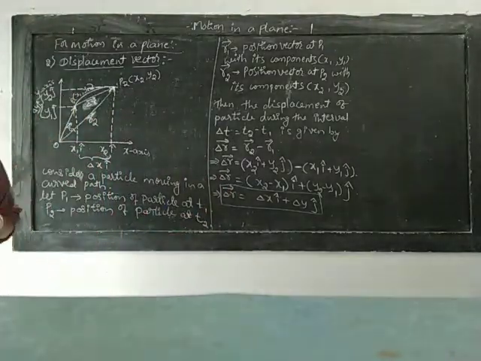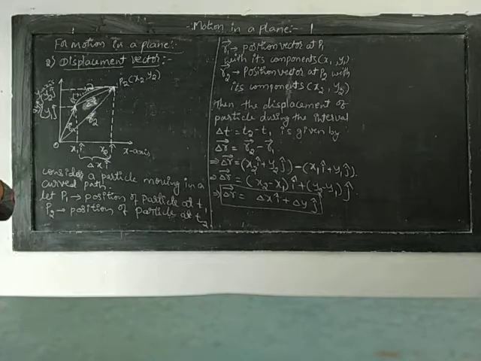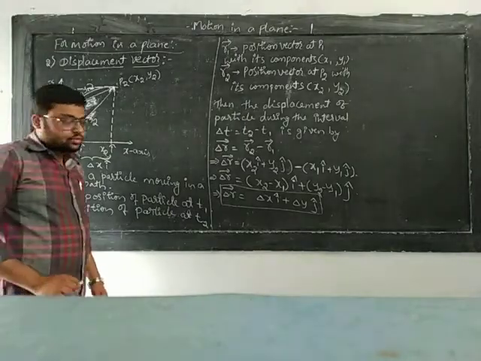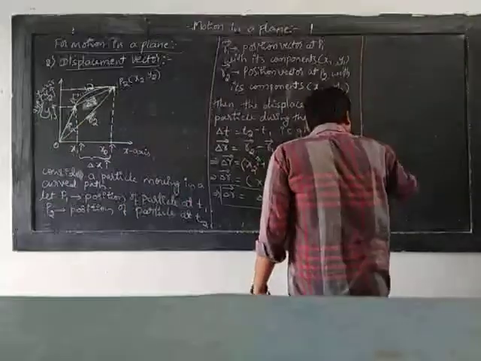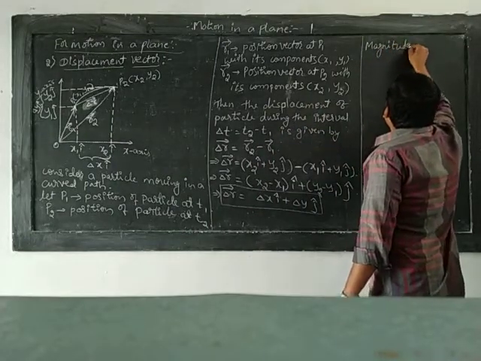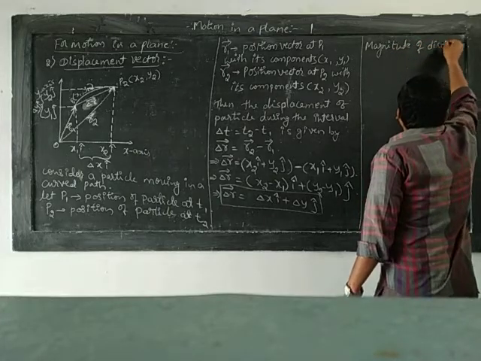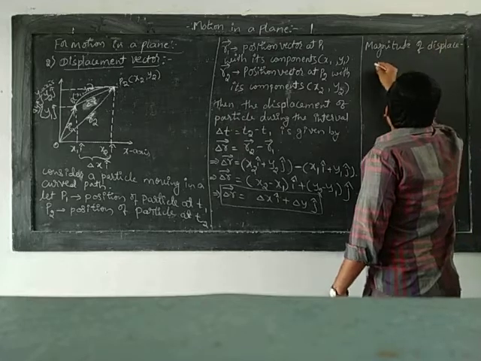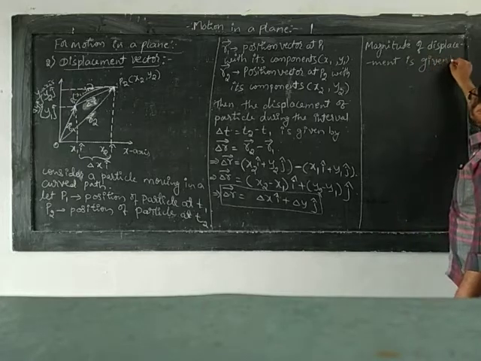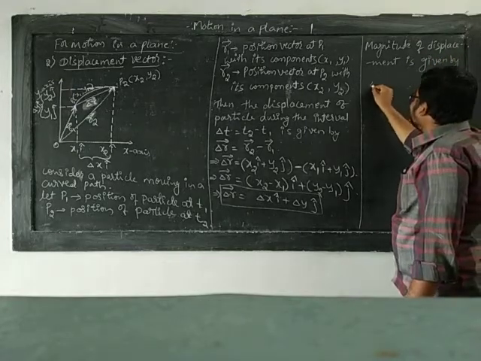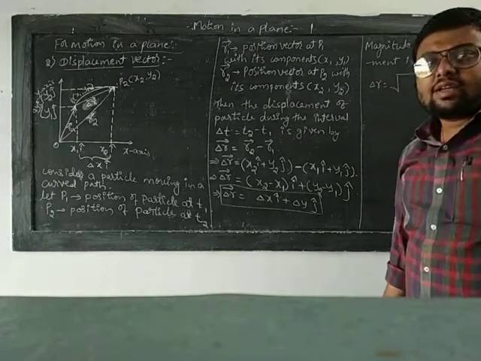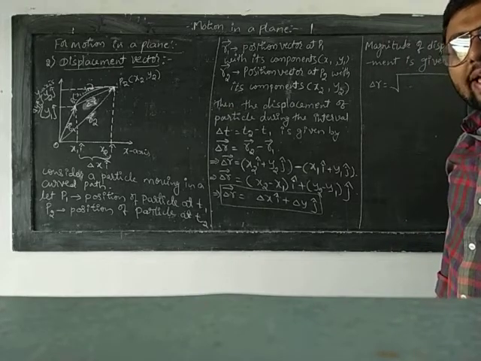It includes both magnitude and direction. If you want only the magnitude, then the magnitude of the displacement is given by delta r equal to the square root of, as we have written in the case of vector a, ax square plus ay square.